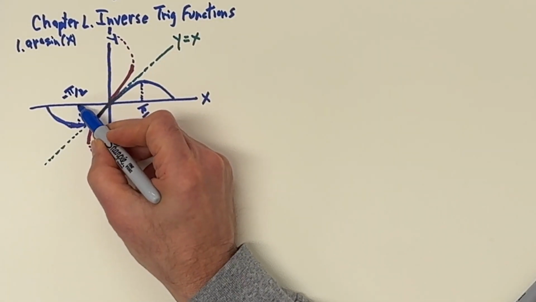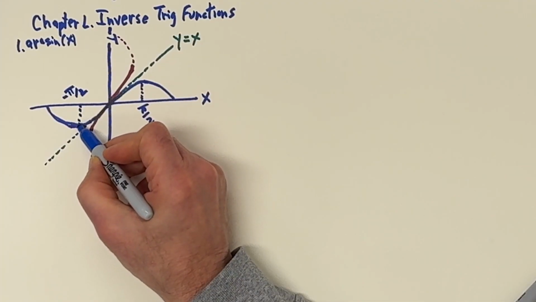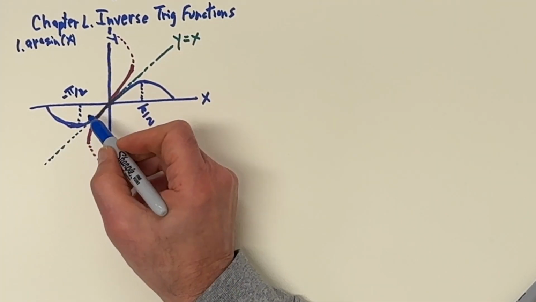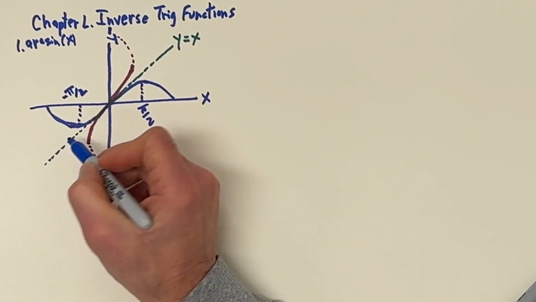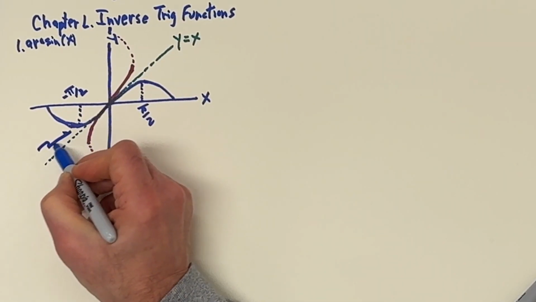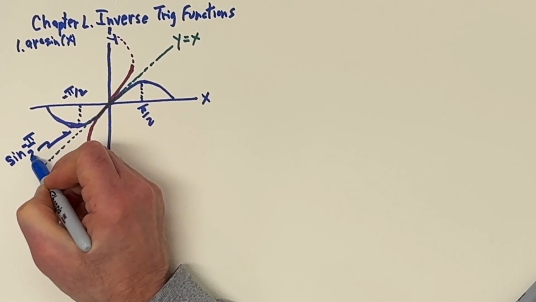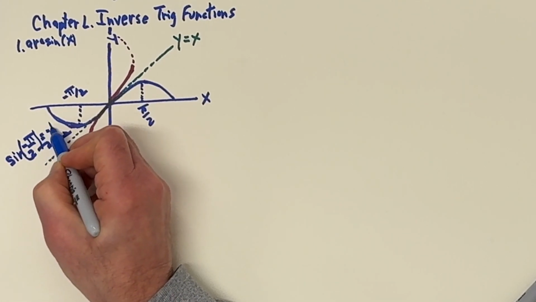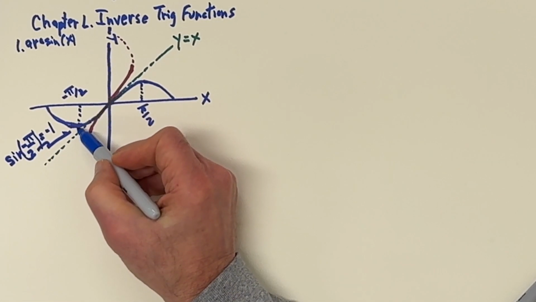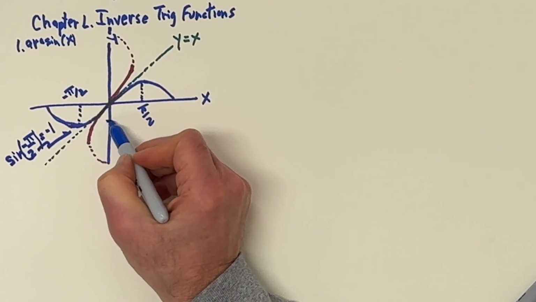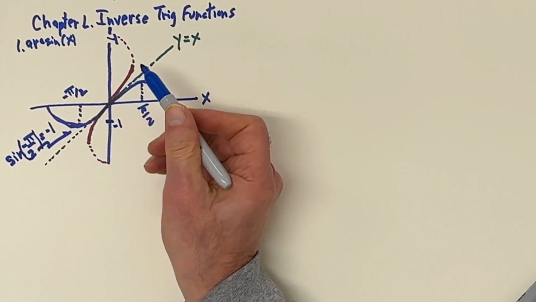And when you have the negative pi over 2, what you're going to get here for your y, in other words, the sine of negative pi over 2 is -1. So this is going to be down -1. So if you came over here, for example, that's like a -1.